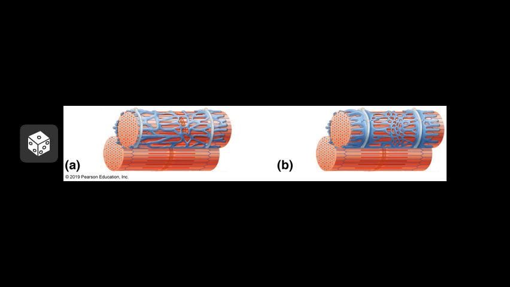Which one has the more extensive T tubules? That would be this one if you're looking. Observe the SR and the T tubules. That makes this skeletal muscle. Over here you see a less developed SR, and the T tubules are further apart. There are fewer of them. That makes this cardiac muscle tissue.